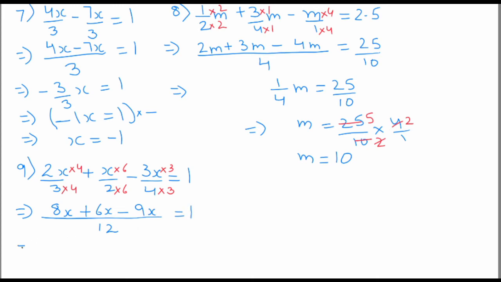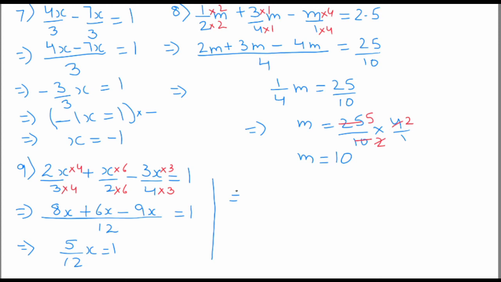8 plus 6 is 14. 14 minus 9 is 5 over 12x equals 1. Sorry, again the space problem. Better I'll write here.